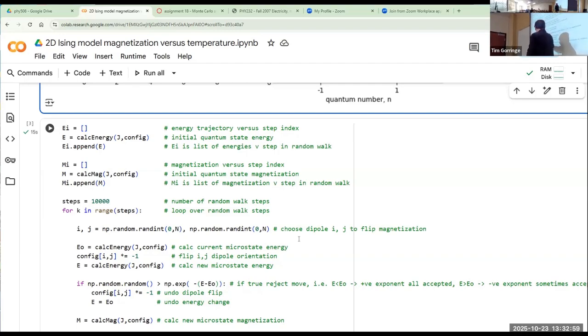If this is less than 1 and you're generating a random number from 0 to 1, then there is a chance that this will be true, and you will decline the change. So this implements the Boltzmann factor, this kind of weighting where if you go up in energy, you might decline or you might accept, probabilistically depending on the energy change. But if you go down, you're always going to accept. This is where the Boltzmann factor comes in.